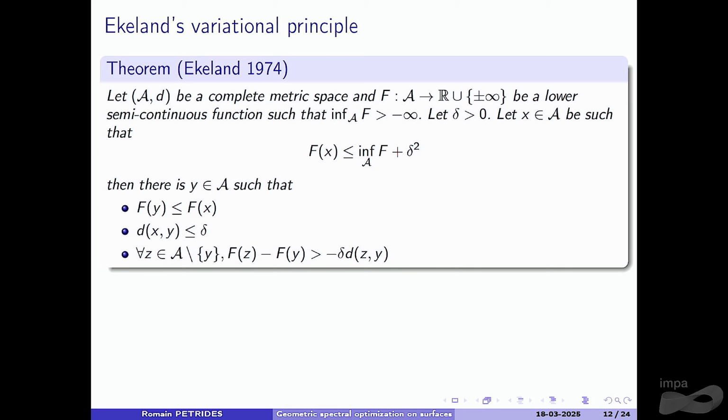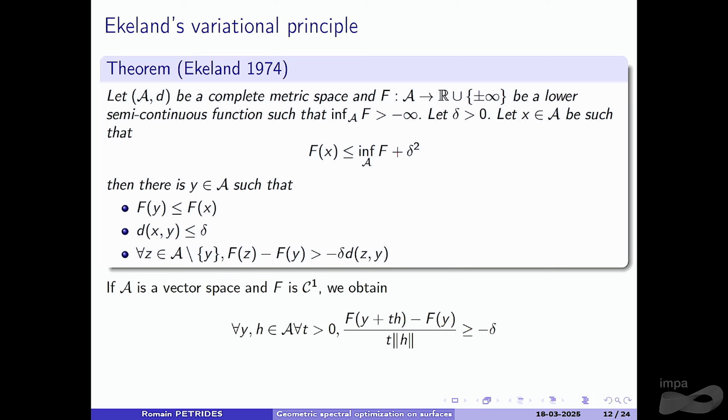So let me focus on the third condition, and assume that A is a vector space. So A is a Banach space, in fact, and that F is a C1 functional. Then we obtain this condition. So it's just a rate of variation, like you would like to compute, in fact, the derivative of f.